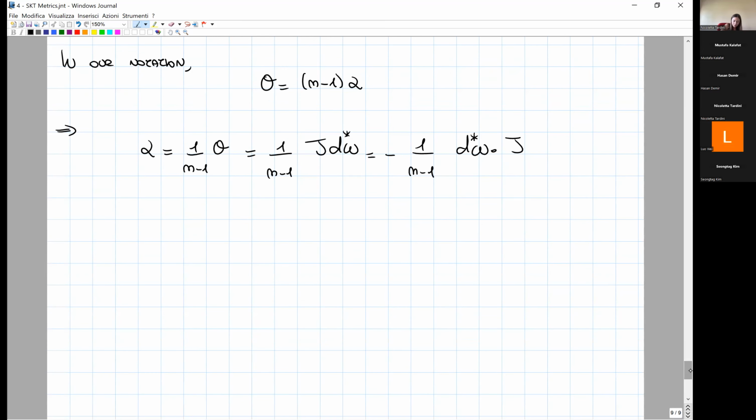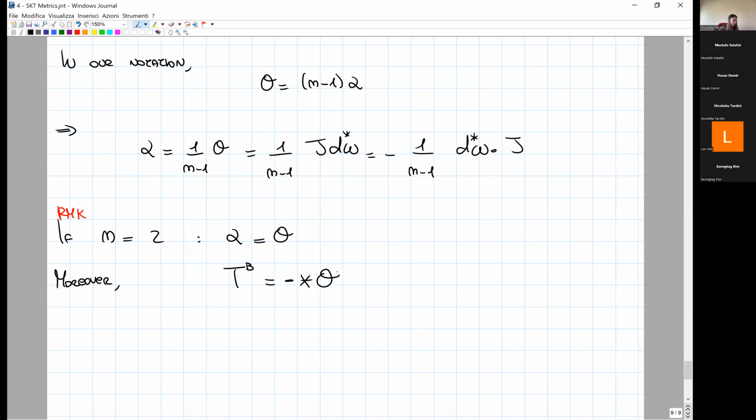All right, but of course, if n is equal to 2, alpha equals theta. So for surfaces, alpha and theta are the same. And in fact, a remark: if n is equal to 2, one can show that the torsion of the Bismut connection is minus star of theta, where star is the Hodge star operator.